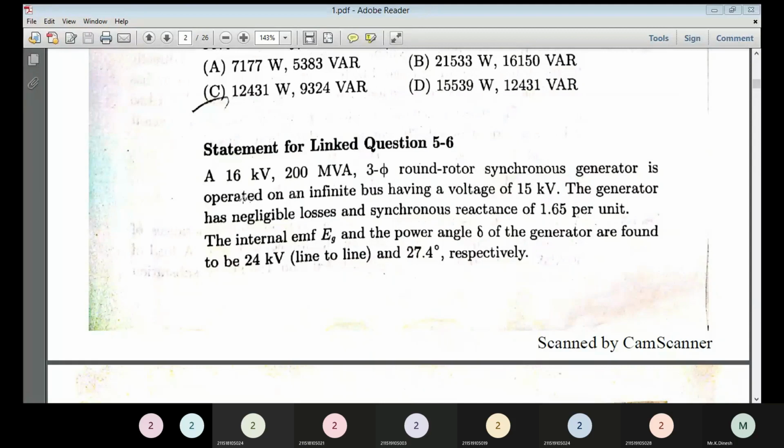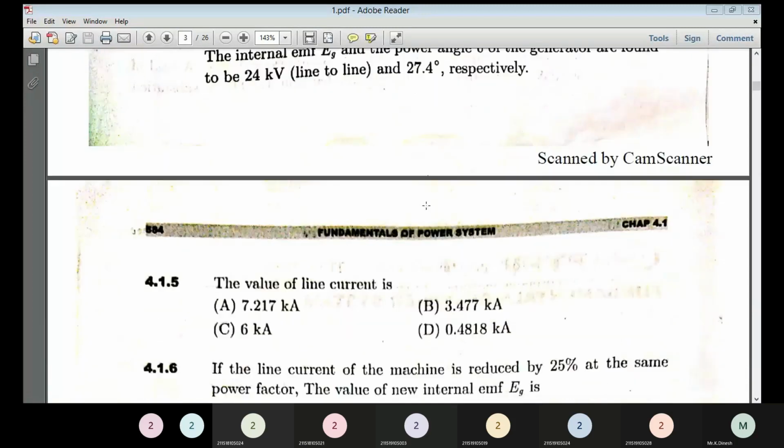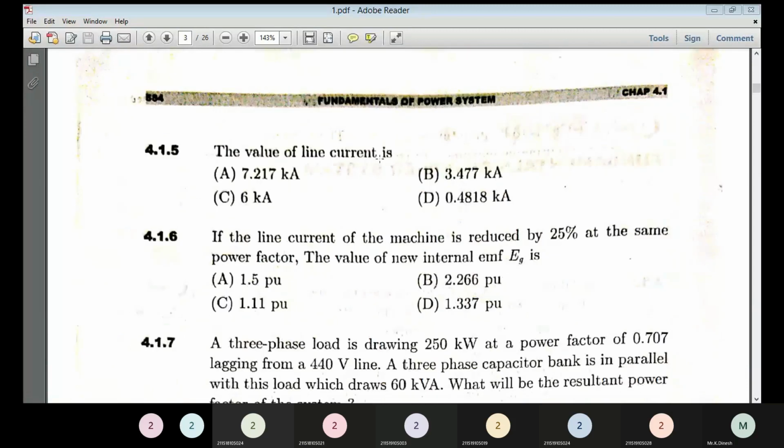You have to remember these things while solving the problem. Your Eg is given, and the power angle is also given. What is the value of line current? How do we find the line current?